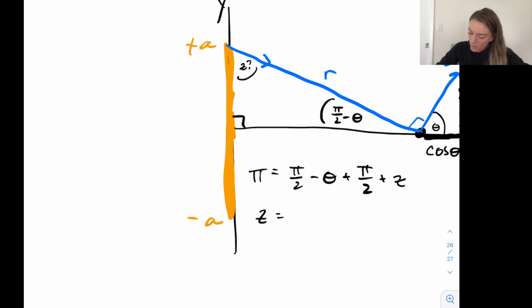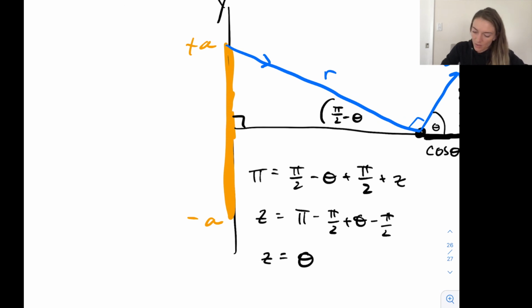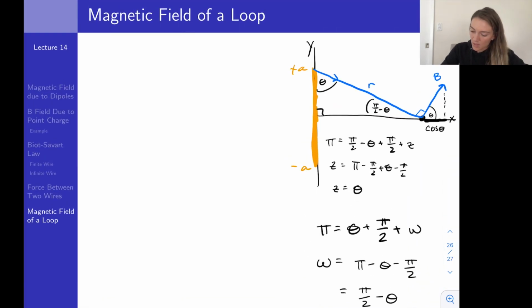So we can solve for z, and we get pi minus pi over 2 plus theta minus pi over 2, which is equal to theta. So this angle here is also theta. That means I can just take the cosine of this angle, and that will be the same as the cosine of this angle.